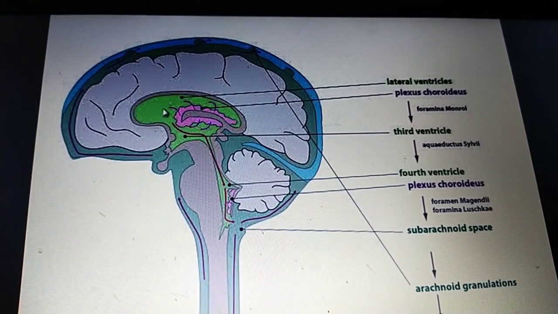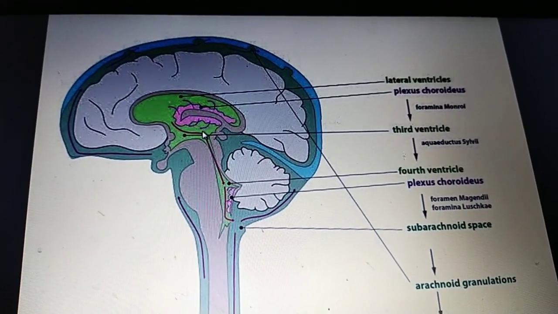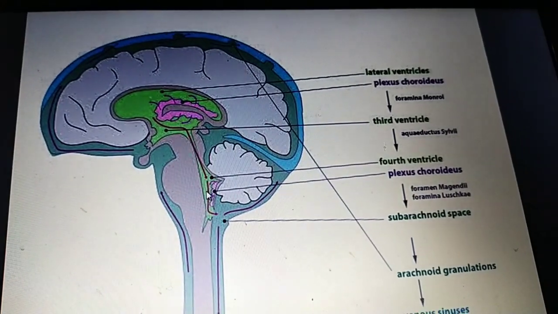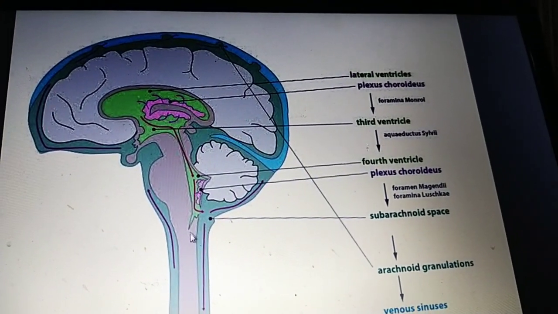Now how does the CSF circulate? First, these are the lateral ventricles, this is the third ventricle, this is the fourth ventricle, and this is the central canal.